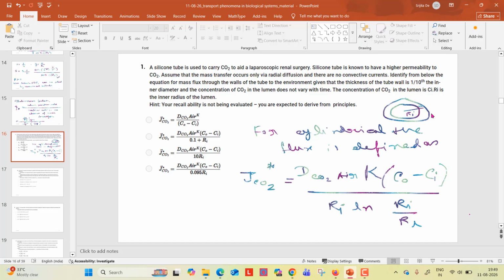So now, what is Ro? Will you be confused? It will be Ro, that is outer radius by inner radius.